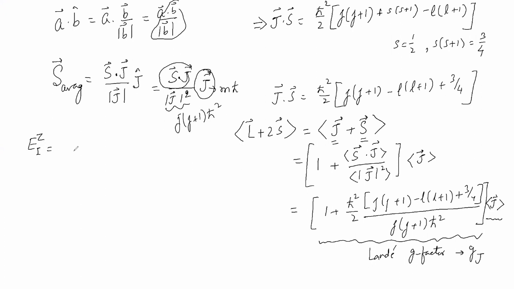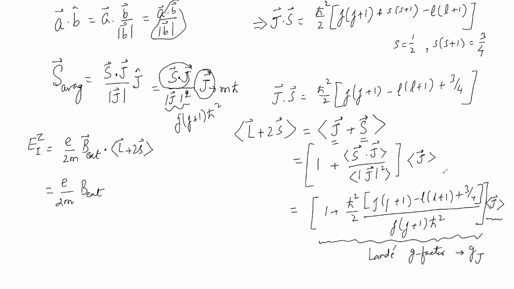This was e by twice m, B external, dot, expectation value of L plus twice S. Okay, we have evaluated this quantity. We know each one of them. Therefore this will be equal to e by twice m, B external.